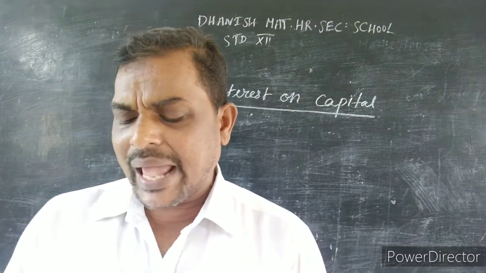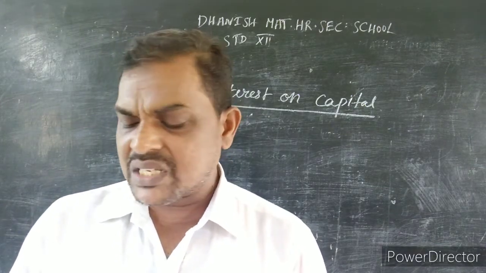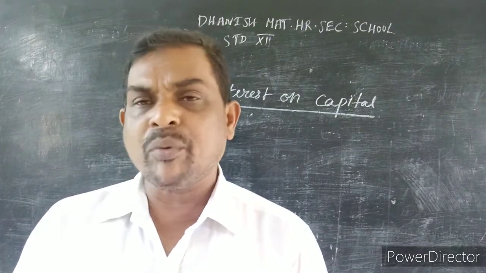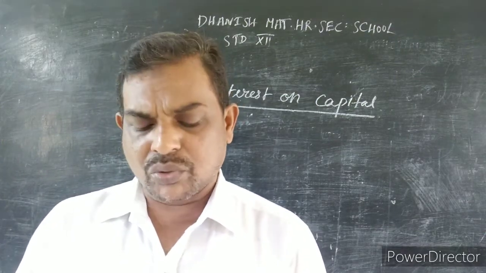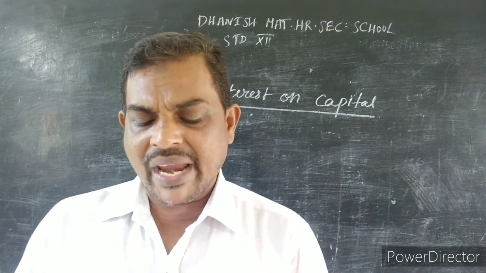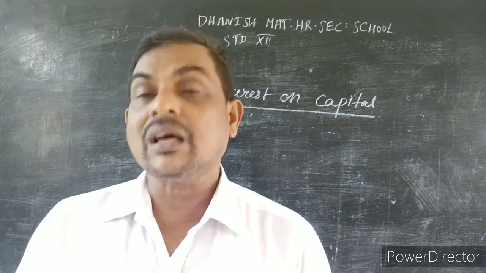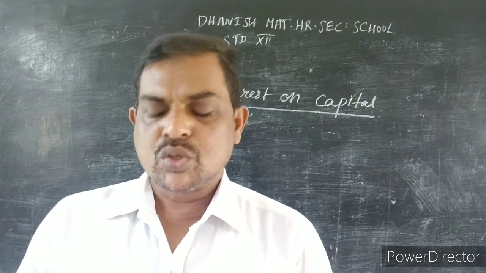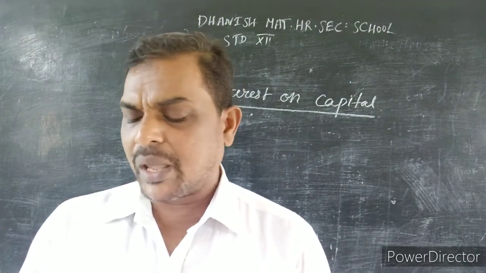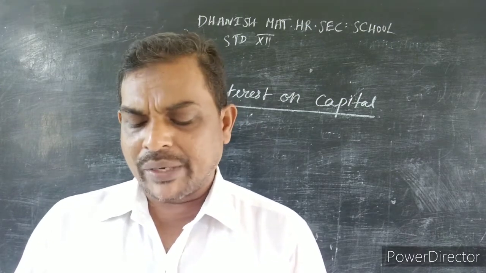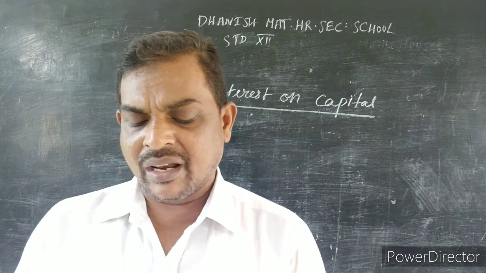The capital as on 1st April 2017: both partners contributed capital on 1st April 2017, rupees 80,000 for Mannan and 60,000 for Ramesh.